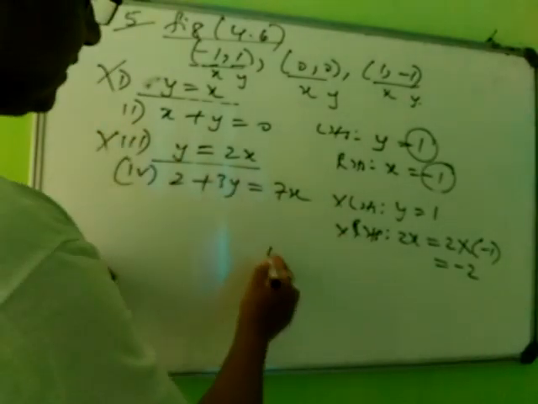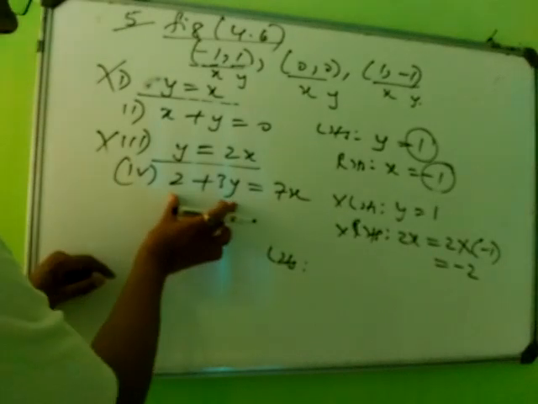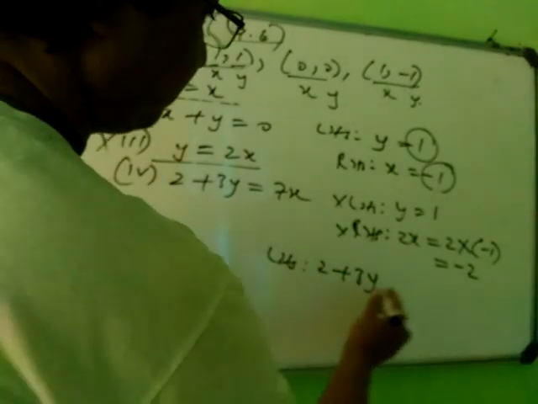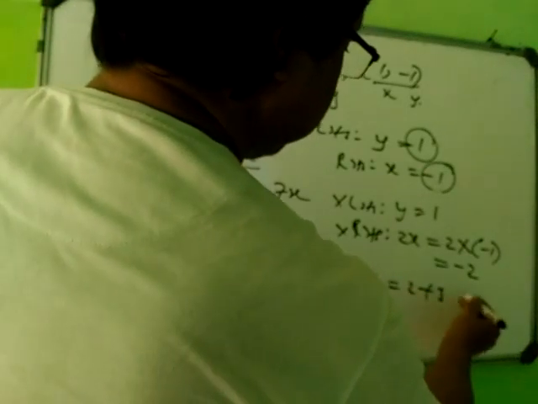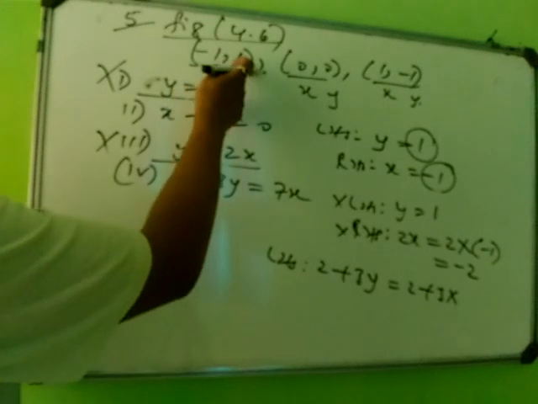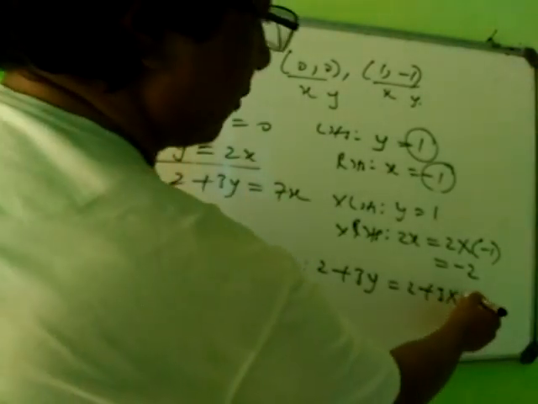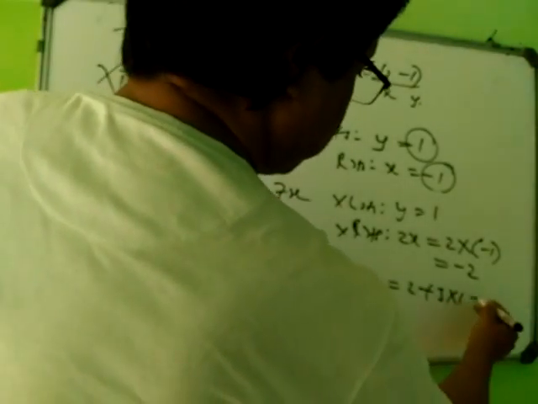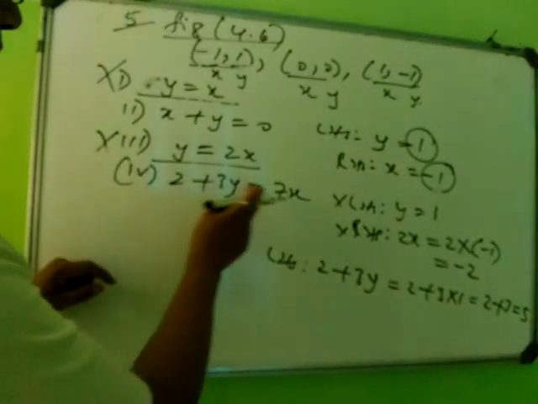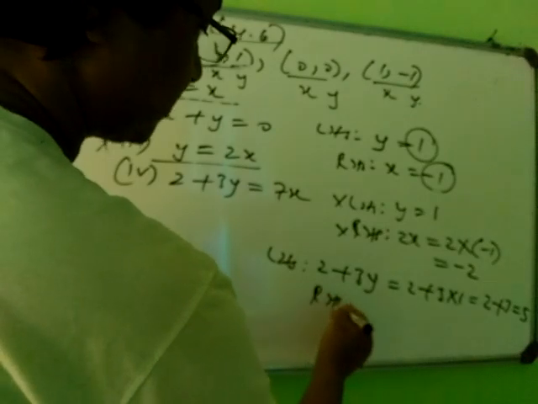Then you take the left hand side again for this. Now 2 plus 3y equals 2 plus 3 into y. Here y is 1, so 2 plus 3 is equal to 5. Then you take the RHS.